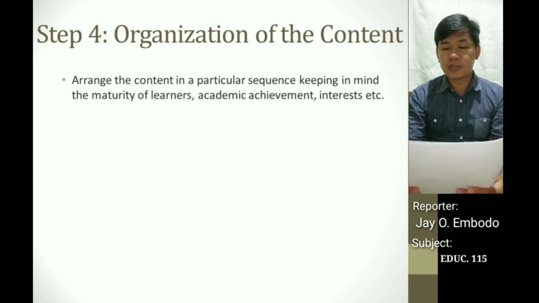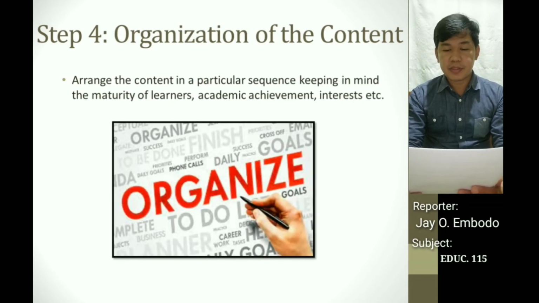Teachers arrange the content in a particular sequence, keeping in mind the maturity of learners, academic achievement, interests, etc. So in step 4, Taba believes that the content is organized based on the student achievement level.